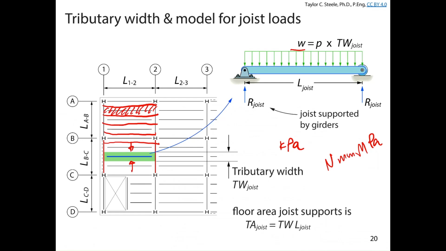But when we're doing our structural analysis, it's pretty much always kilopascals, kilonewtons, and meters. So kilonewtons, meters, kilopascals. If you do your structural analysis using kilonewtons, meters, and kilopascals, you're going to get shear forces in kilonewtons, moments in kilonewton meters, and they'll be easy enough to translate into newton millimeters when we get to the steel design part of the course.